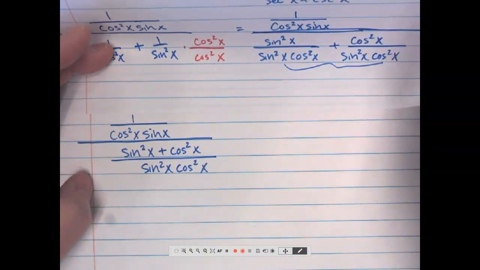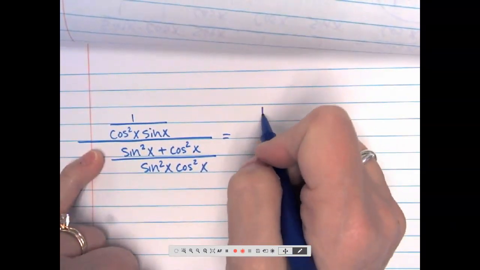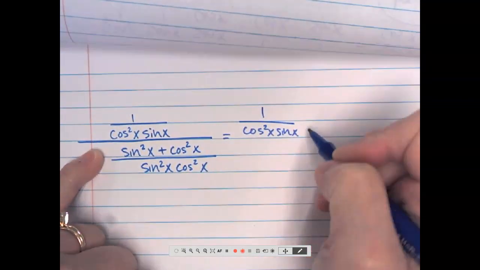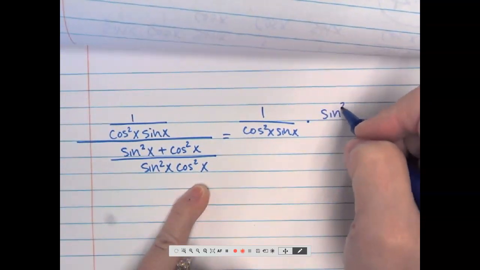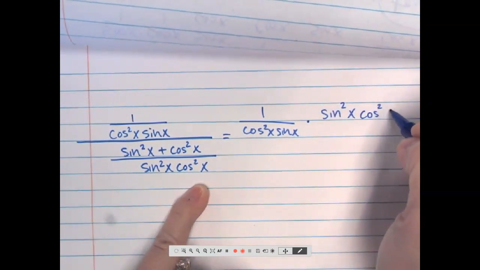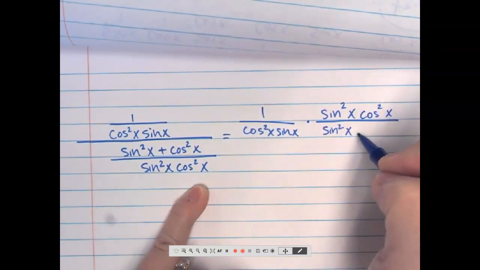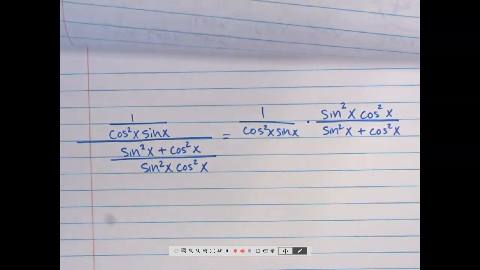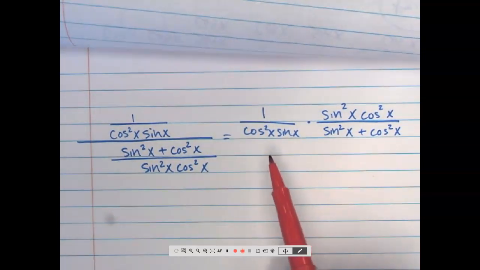Now, let's do a little keep, change, flip. So I'm going to keep, change to multiplication, flip this one. And I do see finally some little light at the end of the tunnel because, oh dear.